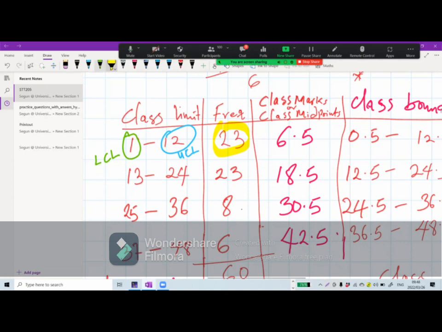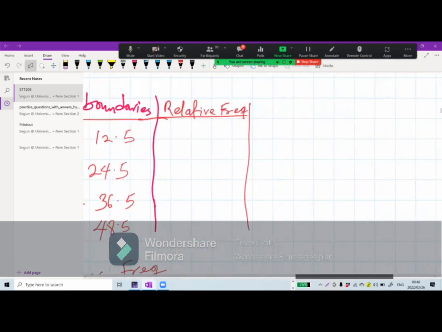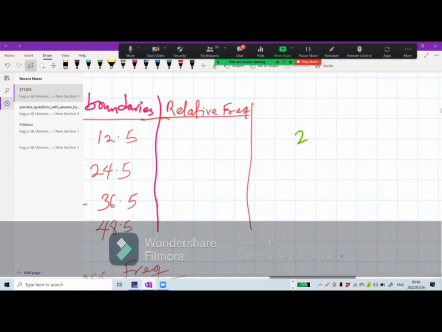So that is going to be 23 divided by 60. The answer is 0.38. Don't approximate. It is 0.38.